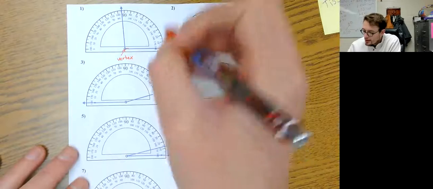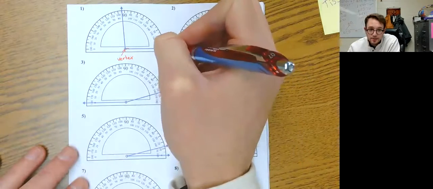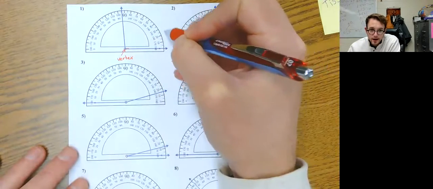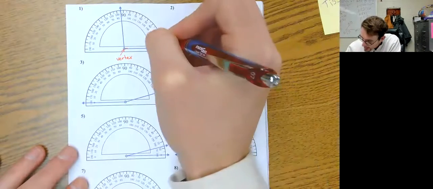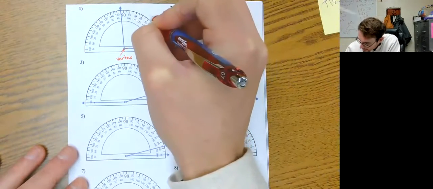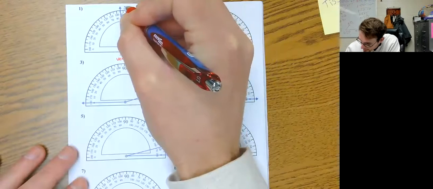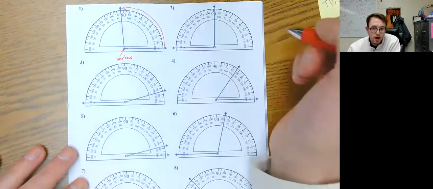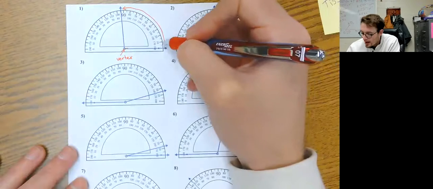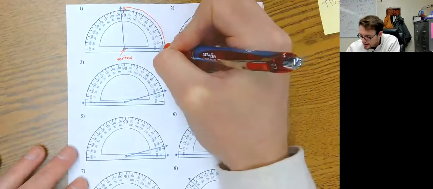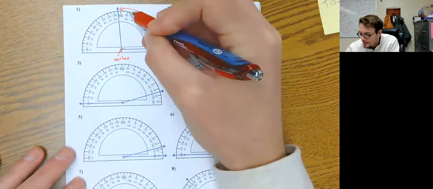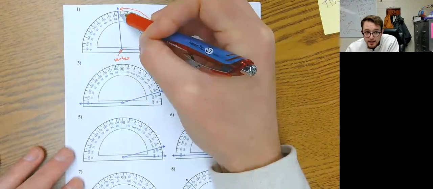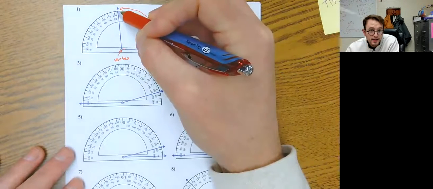So when you're going from the bottom and you're going to the left, so counterclockwise, you go on the outside. You're starting at 0, 10, 20, 30, 40, 50, 60, 70, 80, 90, and then it's not quite on the 95 mark, so I would say that this is 94.